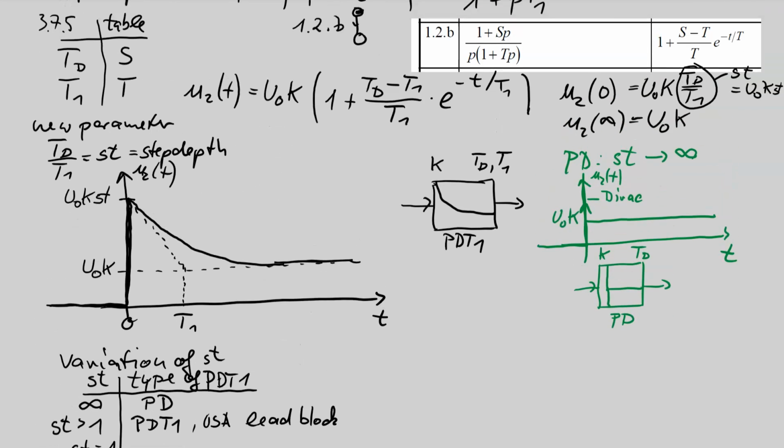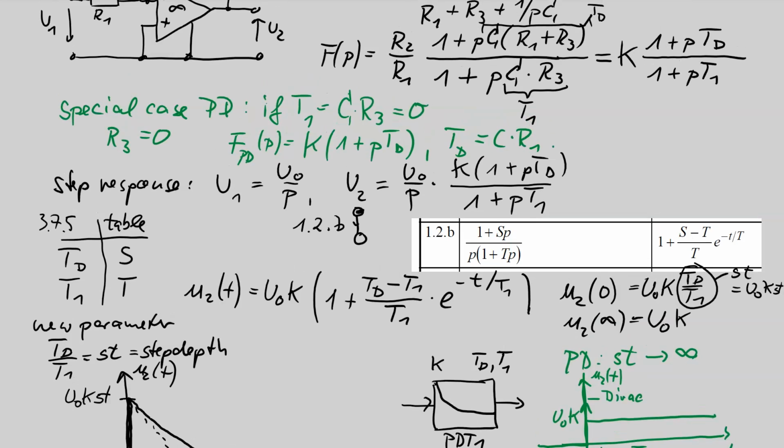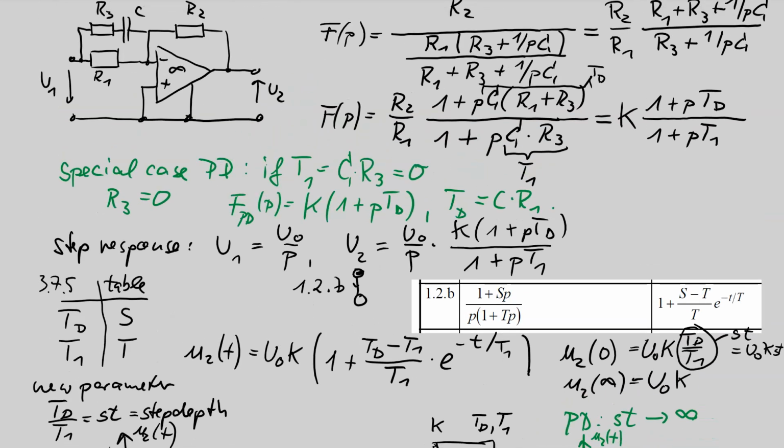That is very simple. The definition of the step depth is the ratio of the time constants, here Td over T1, that is step depth.